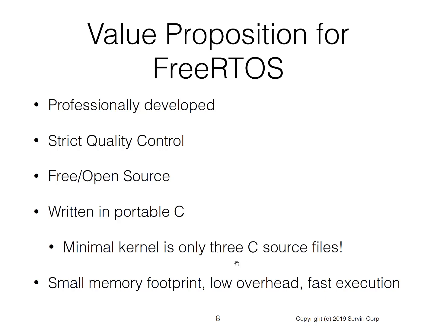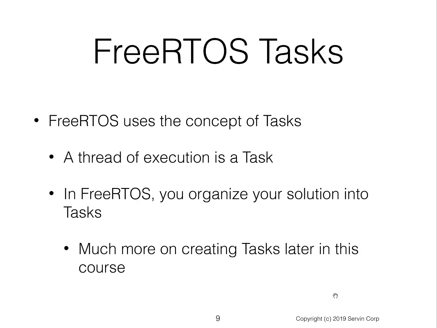You say, well, I'm going to learn all about those 3 files, and you'd know everything about FreeRTOS. It also has a very small memory footprint. And of course, we know in embedded systems, small footprint is important. So a small footprint, low overhead, and it's very fast, right? It's important that all this runs fast and efficiently, and FreeRTOS does.